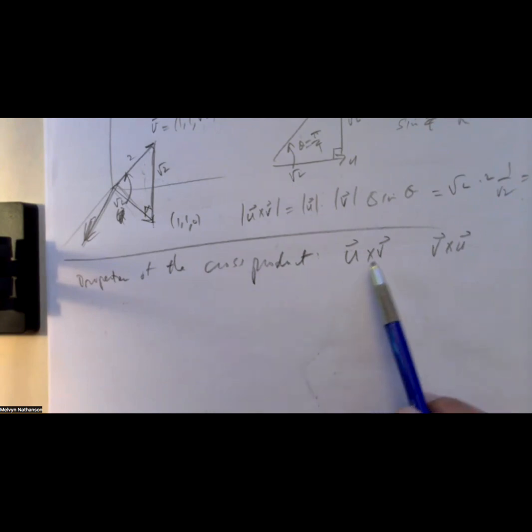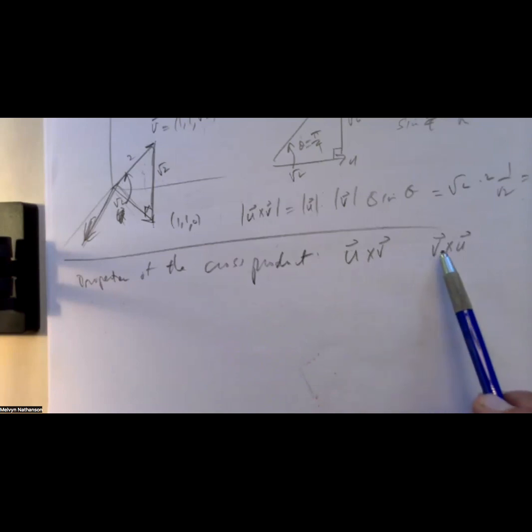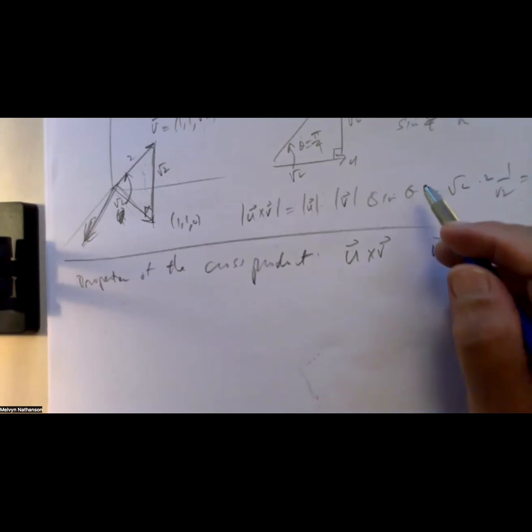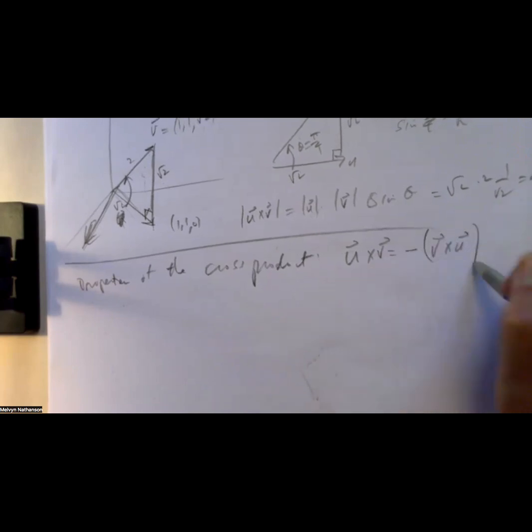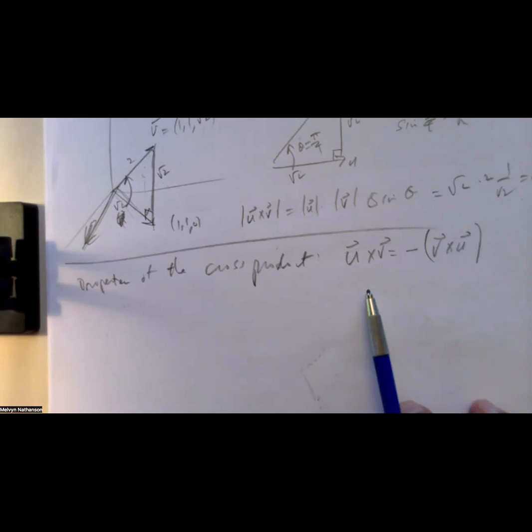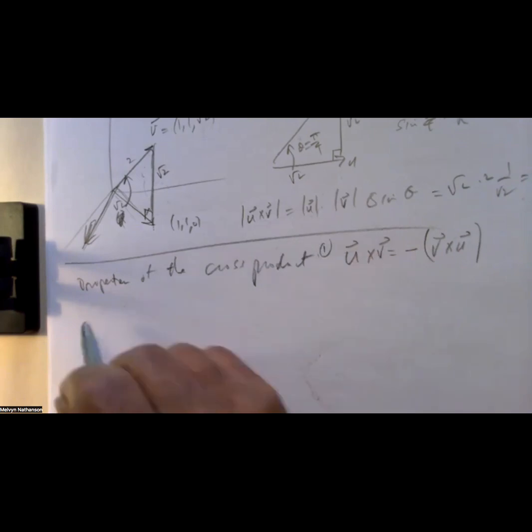But when you rotate u into v, you get a direction opposite to rotating v into u. So u cross v as a vector is minus the vector v cross u. So they're two vectors of the same magnitude, but they point in opposite directions. So this is the first property.